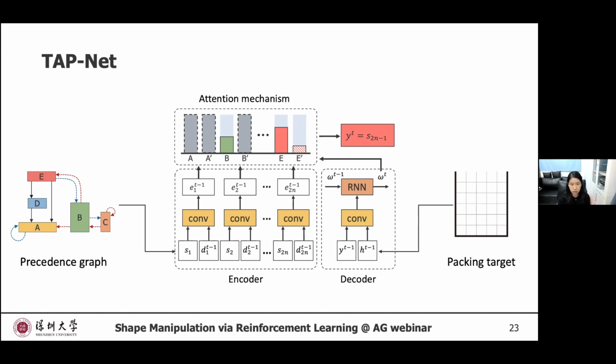And the main advantage of using this kind of network architecture is that it can efficiently solve those kinds of combinatorial problems with very simple network components like this.